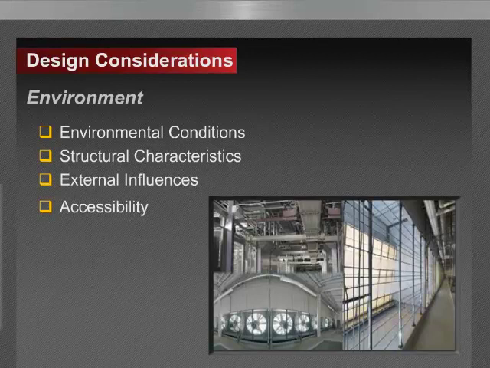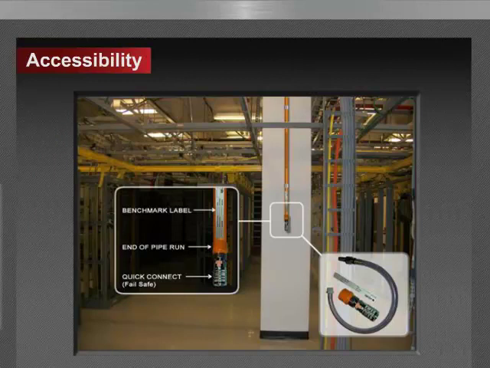So when designing for accessibility for an aspirating smoke detector, this means accessing the detector head itself and a benchmark test point at the end of each and every pipe run. So when properly designed, this facilitates inspection and testing per codes and standards, benchmarks performance during commissioning, and brings testing to an accessible location, which is one of the virtues of an aspirating detection system.